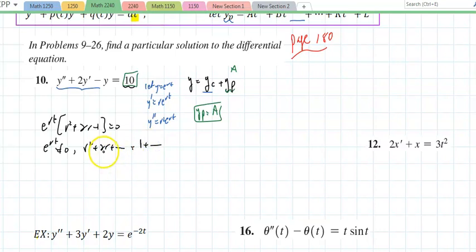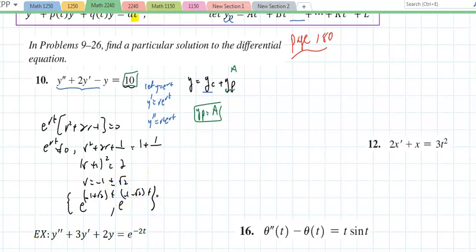Take half of the middle number, which is 1, and squared, that's a 1. So this is r plus 1 squared equaling 2. R equals negative 1 plus or minus radical 2. So here I know that e to the negative 1 plus radical 2 t and e to the negative 1 minus radical 2 t work.